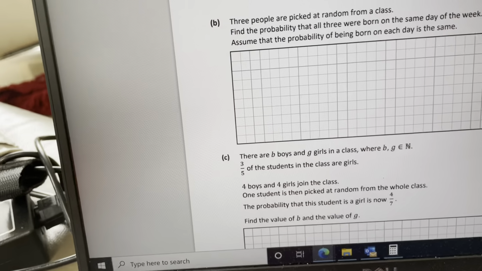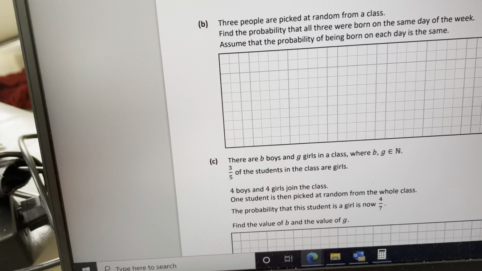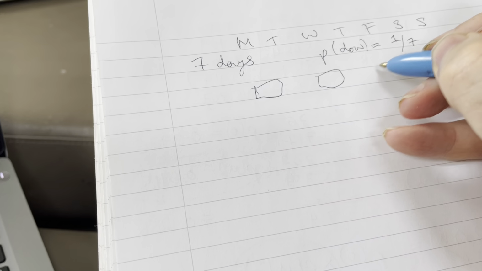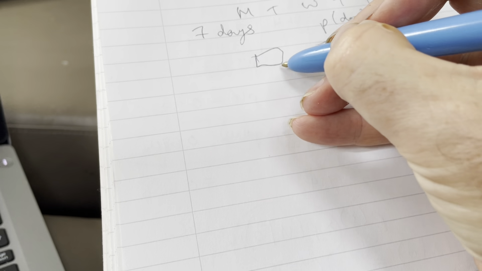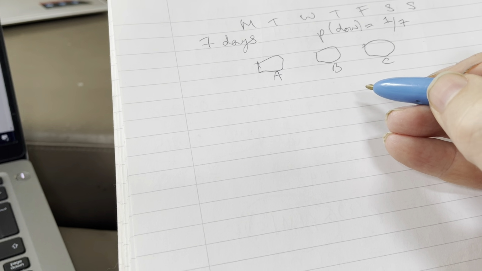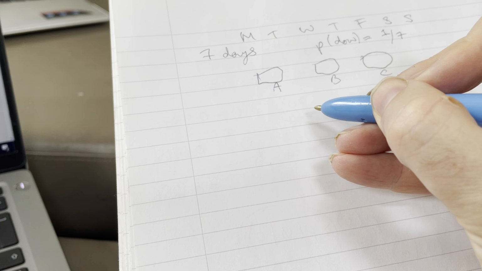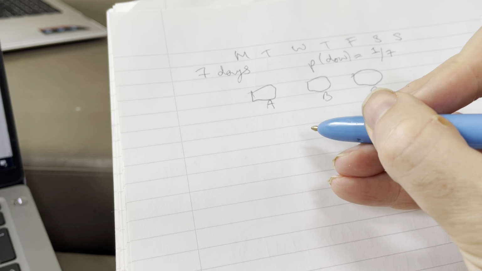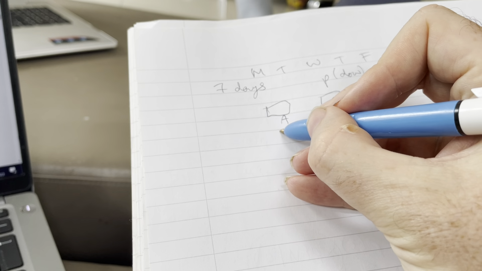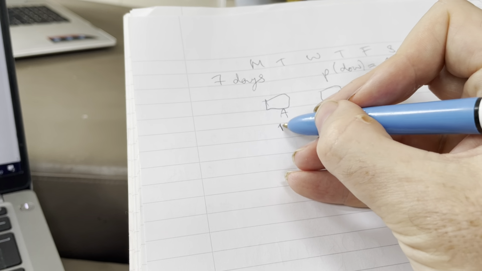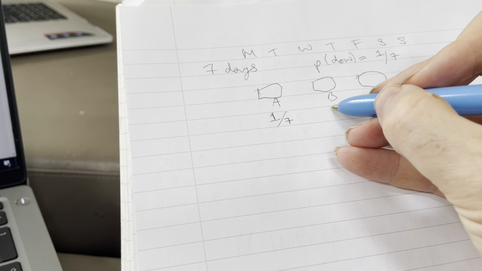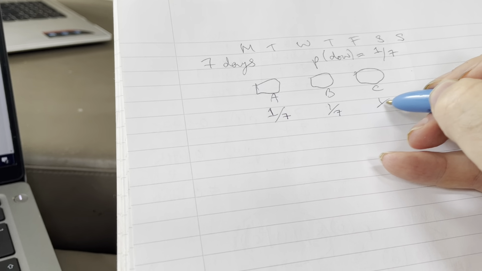3 people picked out at random from the class. All 3 were born on the same day of the week. Okay, so you have 3 people, let's say A, B, and C. Well, what can possibly happen? The probability of each person being born on a particular day of the week is a 7th, a 7th, a 7th.